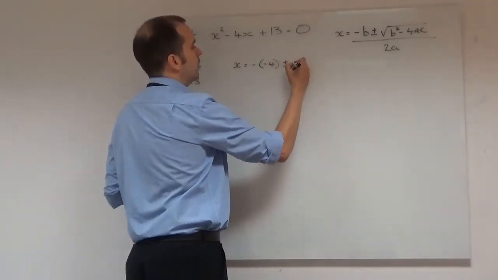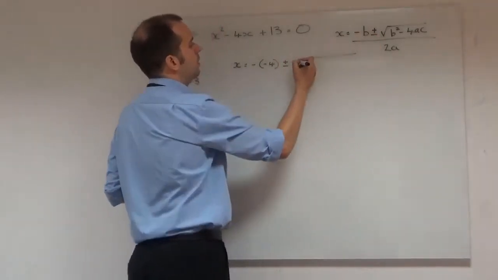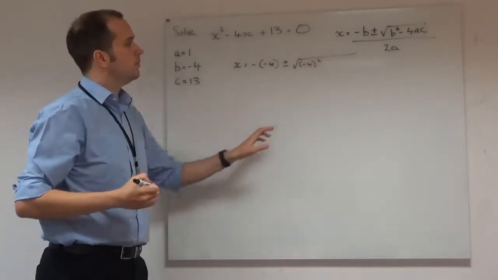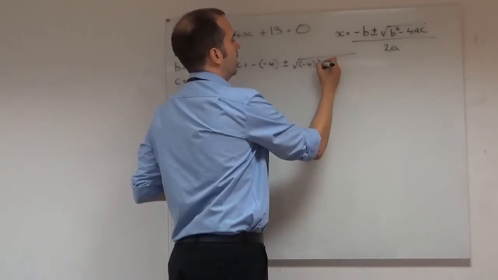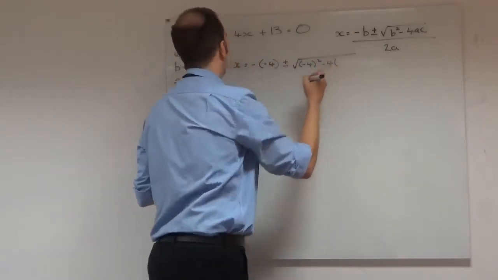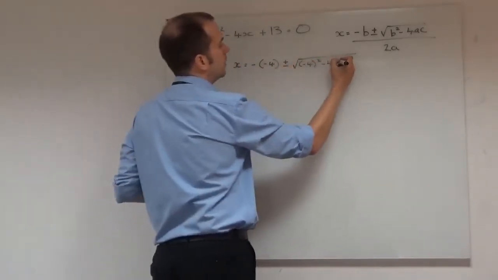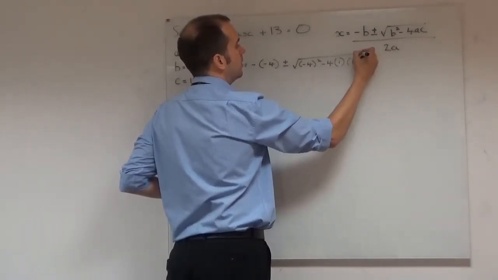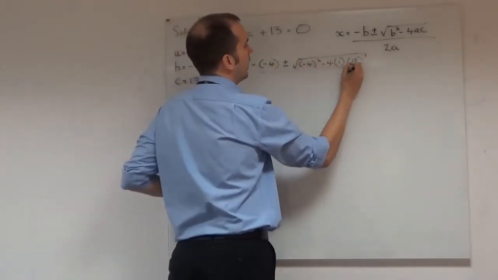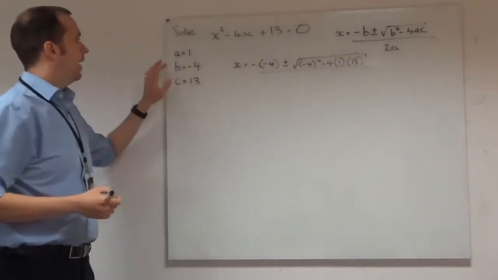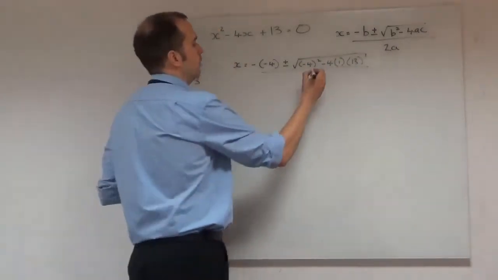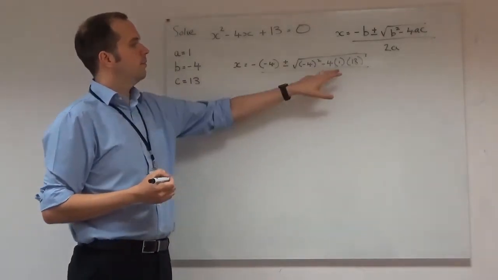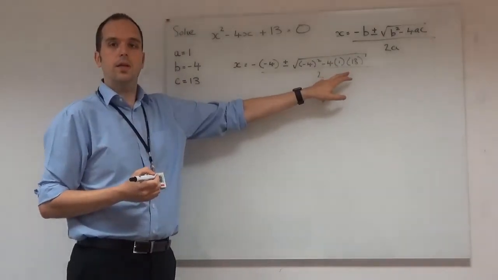Plus or minus the square root of b squared, that's minus 4 squared, minus 4 lots of a times c, so minus 4, a is 1, and c is 13. And that's all divided by 2 lots of a, 2 lots of 1 is just 2.